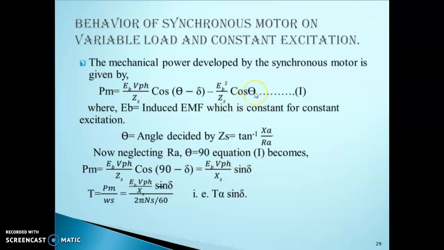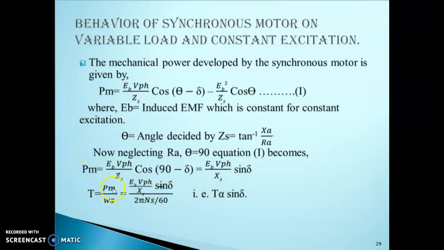As we are putting theta as 90, cos of 90 is 0, so this whole term is neglected. Then Eb Vph, in place of Zs we have Xs as we are neglecting Ra, then cos of (90 minus delta). Now cos of (90 minus delta) is sin delta, so Eb Vph upon Xs into sin delta. So this is the value of maximum power developed.